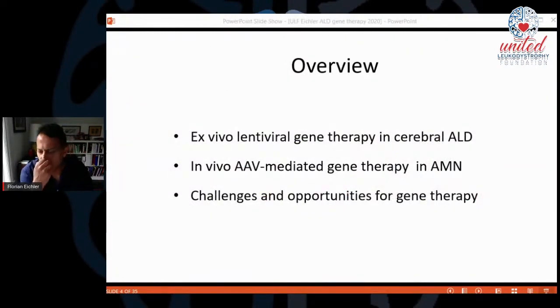So I will briefly talk about ex vivo lentiviral gene therapy in cerebral ALD, and I think that builds nicely upon what Dr. Lund just mentioned in terms of the ability here for bone marrow cells to enter the brain and halt the progression in children with cerebral ALD.